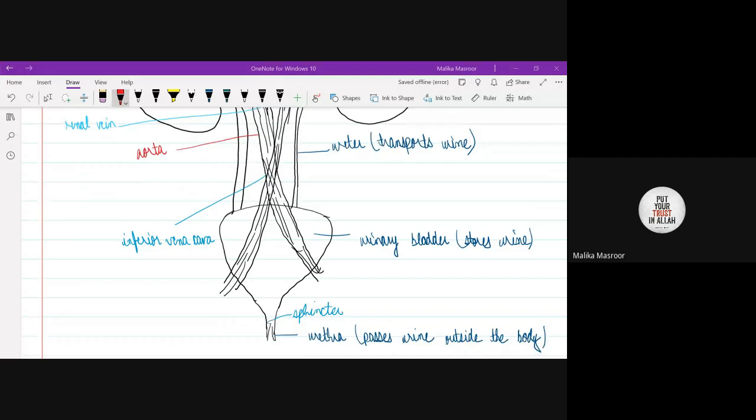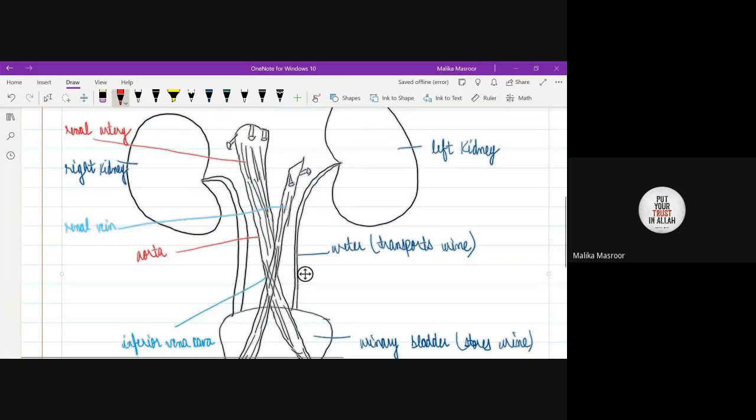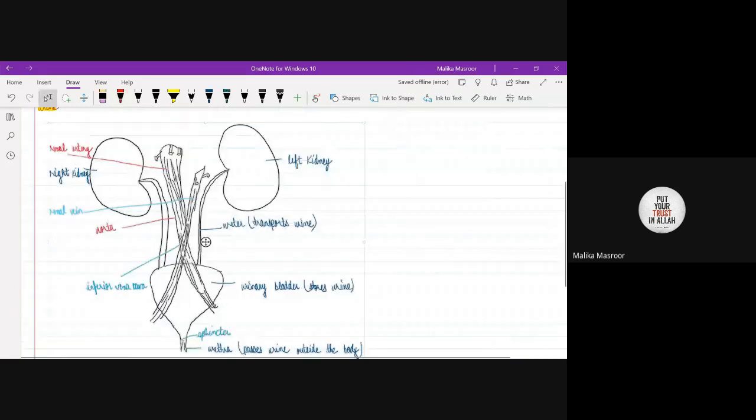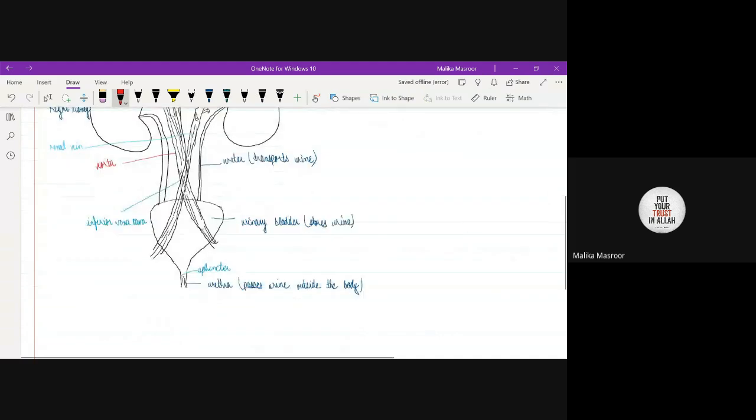Okay. So this is what your kidneys look like. Left kidney, right kidney. You have the renal artery and renal vein. The renal artery branches off from the aorta, obviously, and the renal vein goes into your inferior vena cava. These are your ureters that open into the bladder. This stores urine.